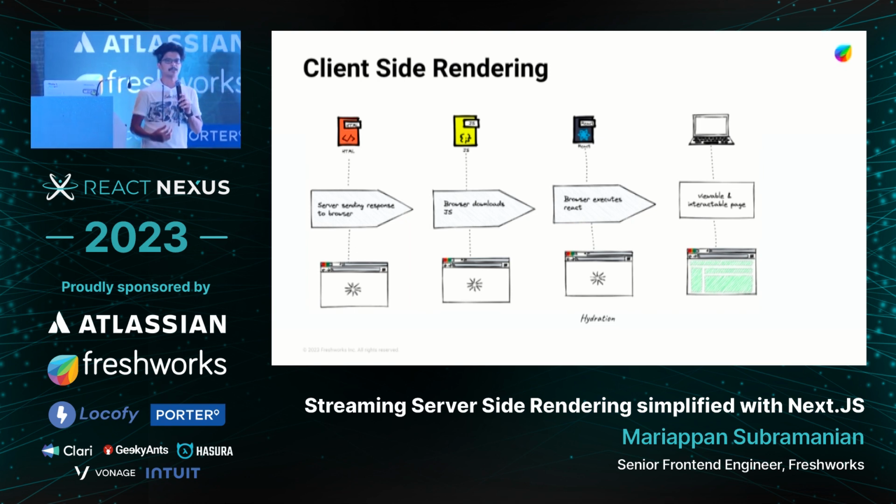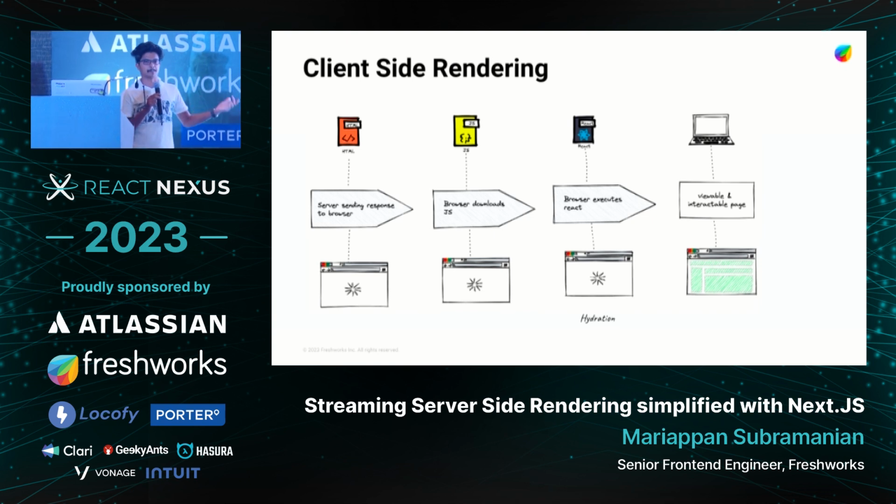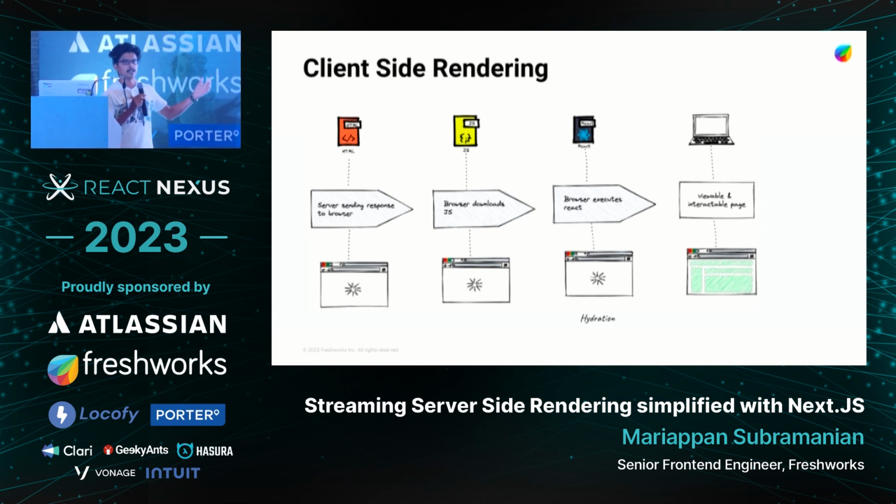The server responds with HTML, which includes a script tag, and then the browser downloads the JavaScript bundle for that. Then React comes into play. I hope you have heard about hydration. It tries to attach event listeners and other things to make the application interactive. And finally, I get to see a fully visible, interactive screen. So these are the high-level four stages that happen.